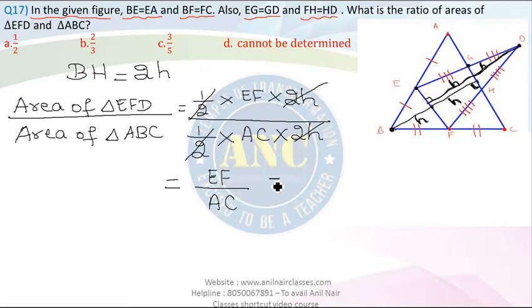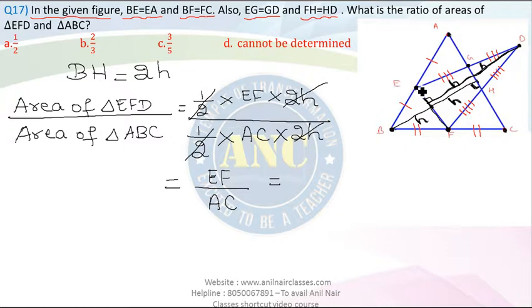But think a little logically, sir. What is this EF? EF is nothing but from here to here. Because E is the midpoint of AB and F is the midpoint of BC, EF is half of AC. From A to C, whatever the length is, EF is exactly half of that AC.